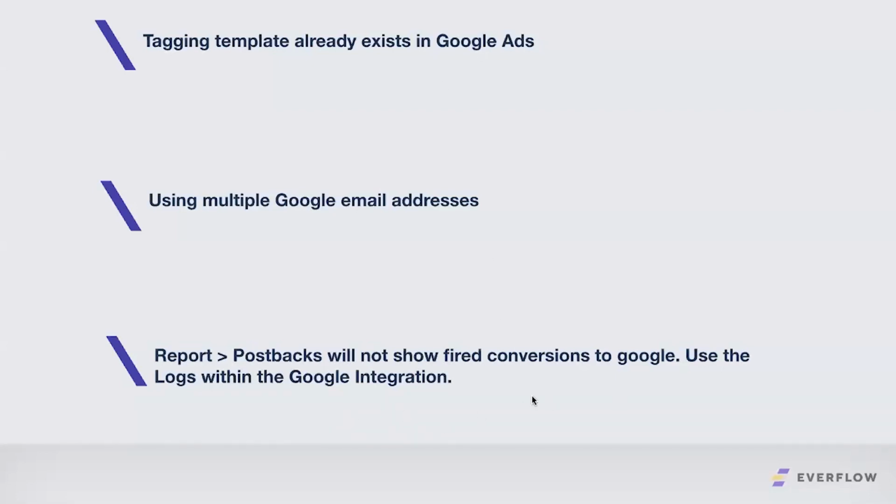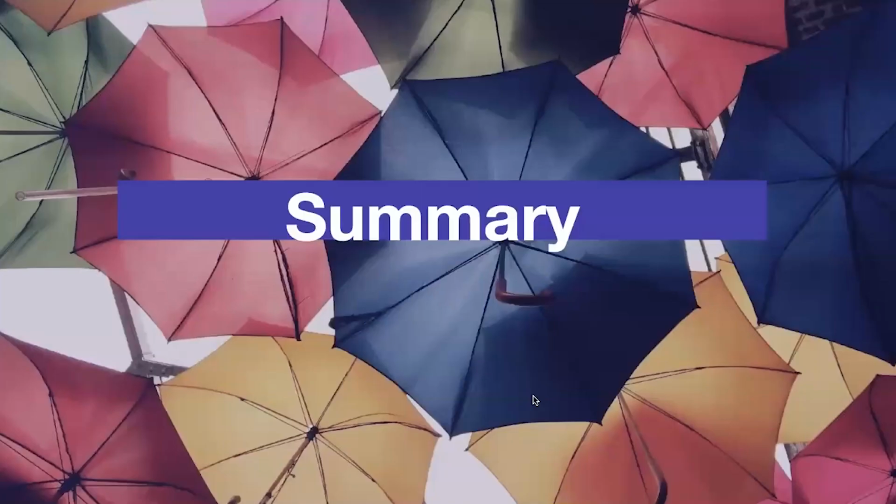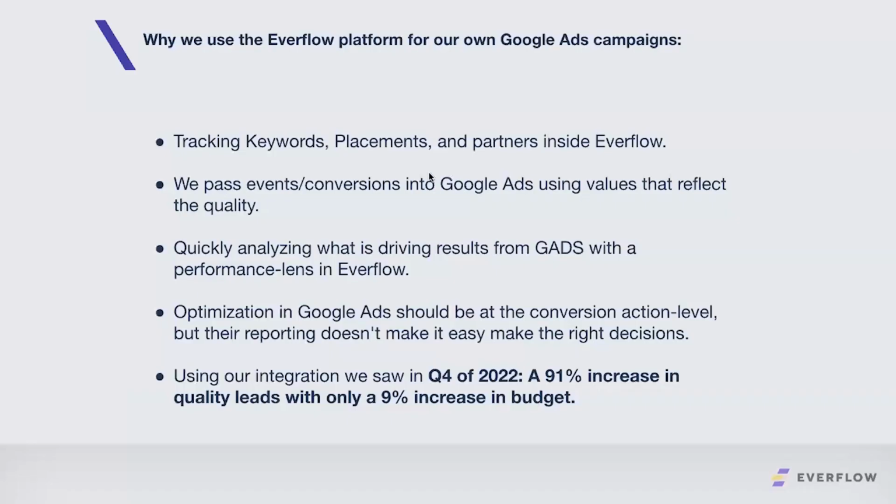Yeah, so those were some of the more common questions we've come across. And then, a quick summary. Everflow platform allows you to integrate with Google. You can track your keywords, placements and partner activity inside of Everflow. We pass those conversions and events into Google Ads for optimization.